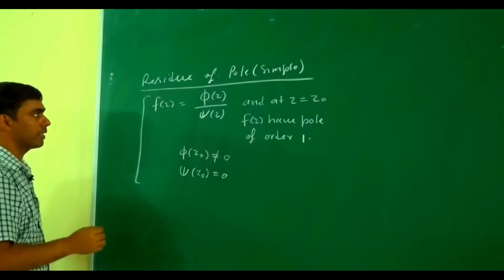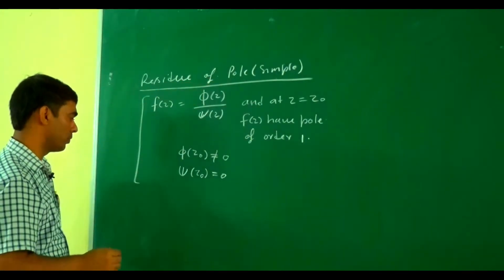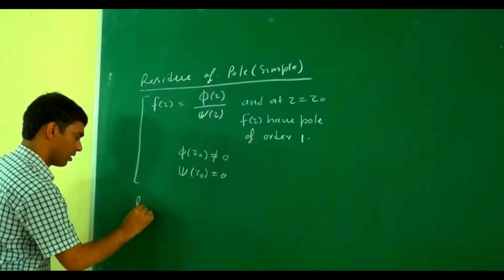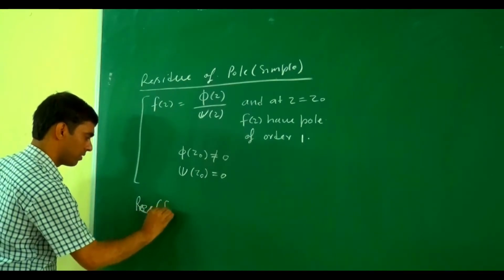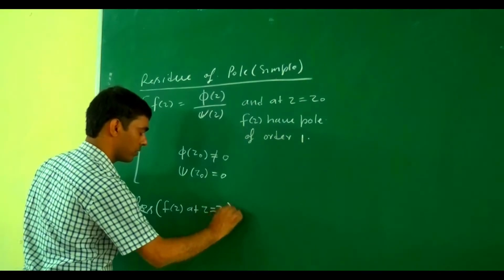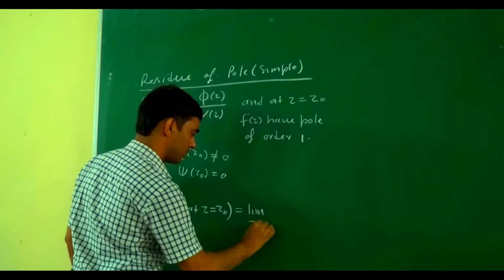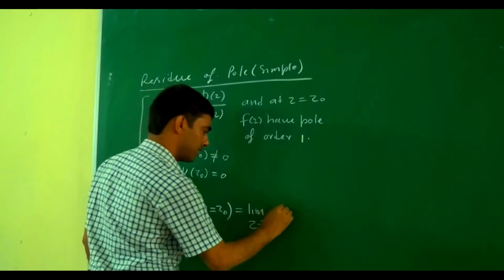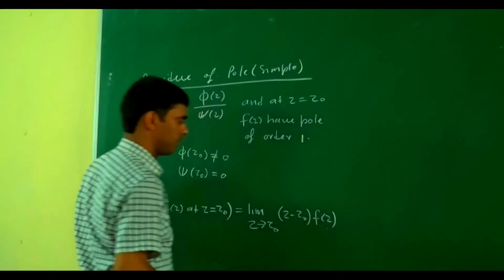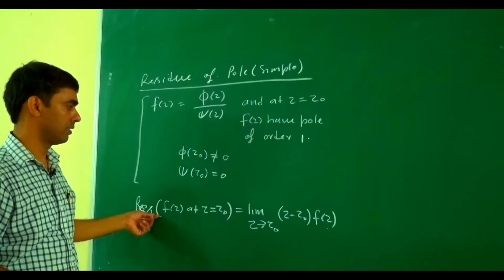So how do we find the residue in this case? As we know, for a simple pole, the residue of f(z) at z equals z0 equals the limit as z tends to z0 of (z minus z0) f(z). This is the residue, as we defined in the previous lecture.